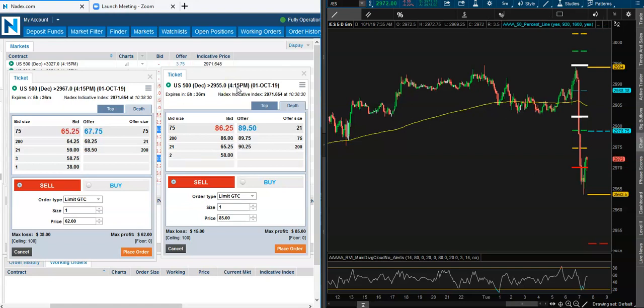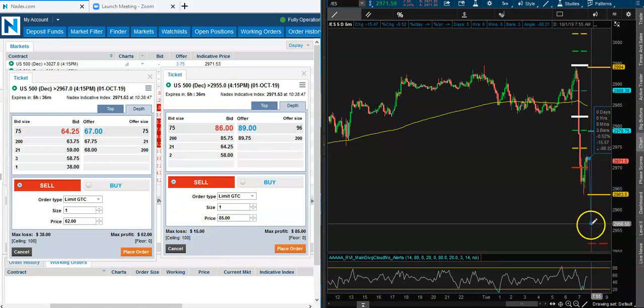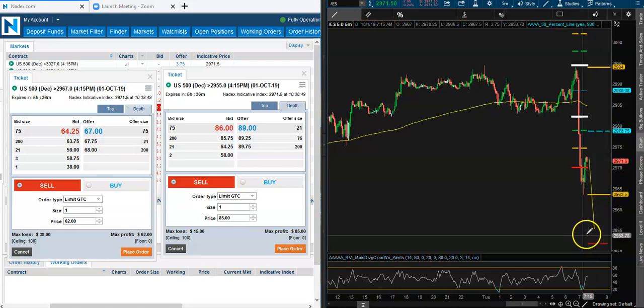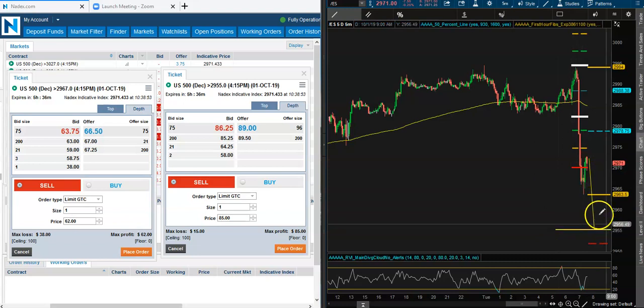Here's where the really cool part is, and this is kind of where I think the nugget comes with Nadex, where, okay, I could put a $15 bet on, but if we do roll over and price does come to this level right here, this 2955, how much is this bid ask going to be?